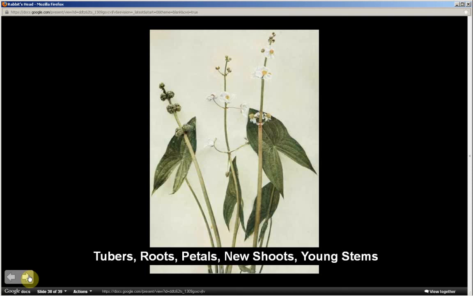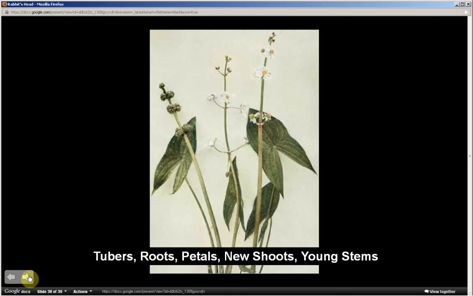To learn how to prepare these parts, go to survivalplantsmemorycourse.com, and there on the index of plants page, you will see the Sagittaria latifolia. Click on that link, or on the same link you'll see the nickname Rabbit's Head, or the common name, which is common arrowhead. Click on that and read the methods of preparation there.